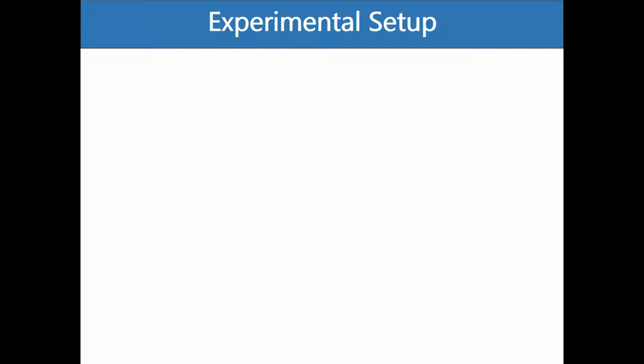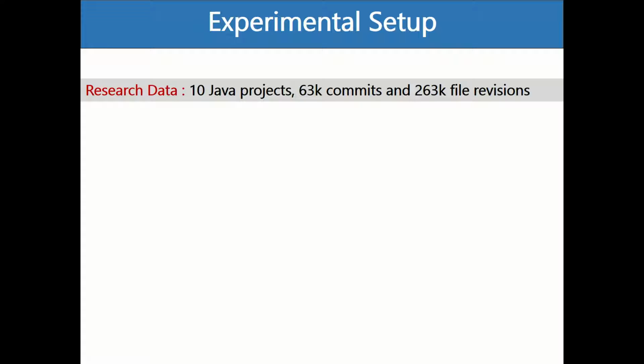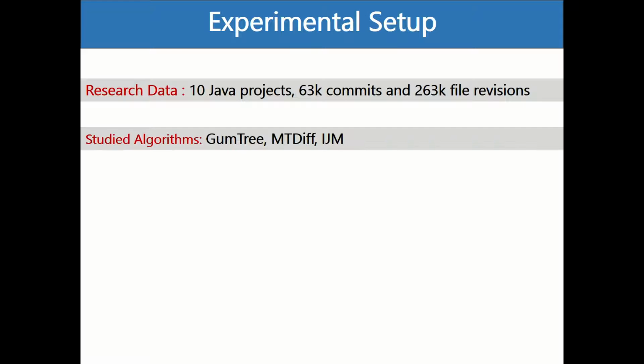To evaluate our approach, we collected 10 Java projects including 263,000 file revisions. We analyzed the 3 AST mapping algorithms named GumTree, MTDiff, and IJM.